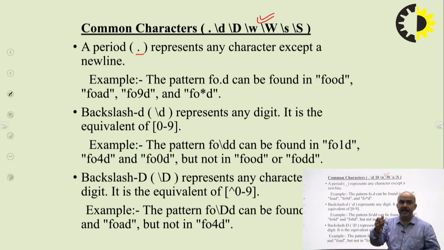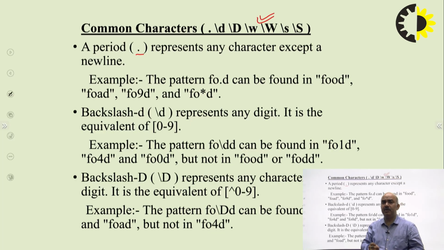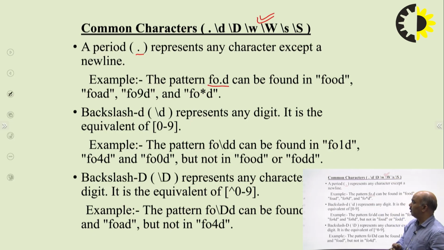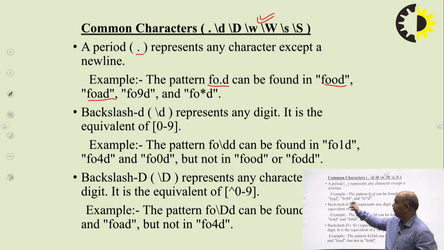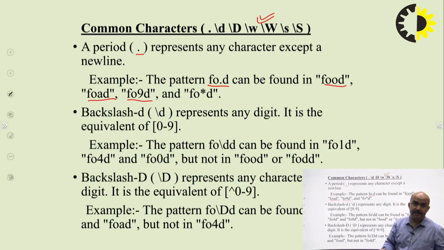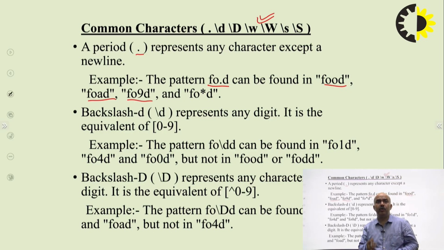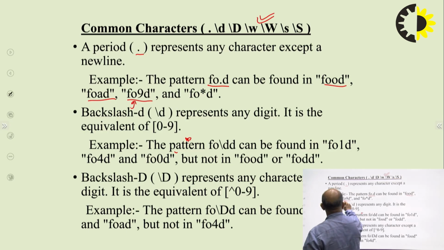So any character, whether a digit, a symbol, or an alphabetic value, can appear in the given input string, but there should not be any new line. It means it should not start with a new line. So in this case, the pattern fo.d can be found in this. Yes, it can be found in this, yes, because any character, whether symbol, digit or letter, is allowed, but should not be a new line.